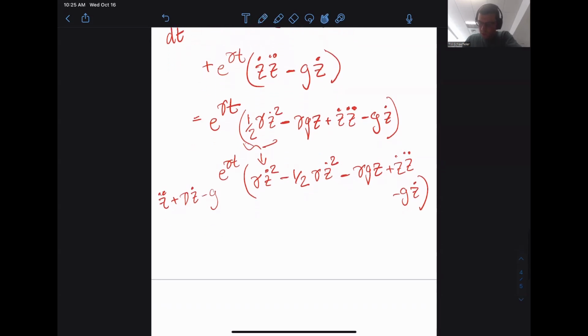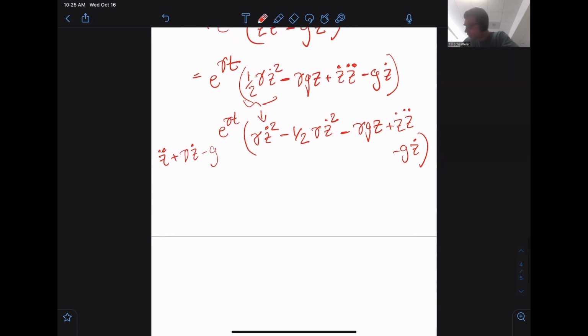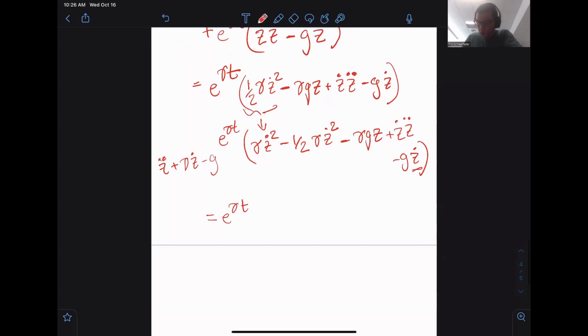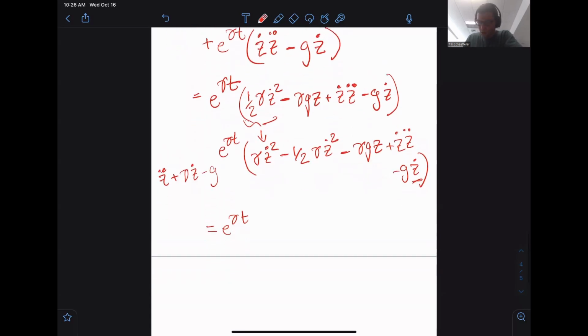And this now, all the terms that have a z dot, we can pull one out. So, well, these three.